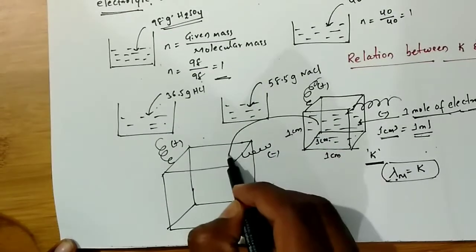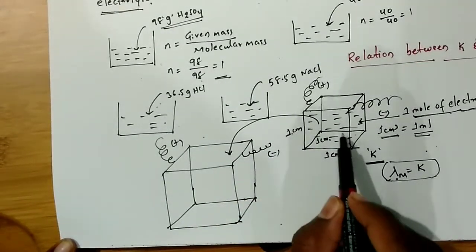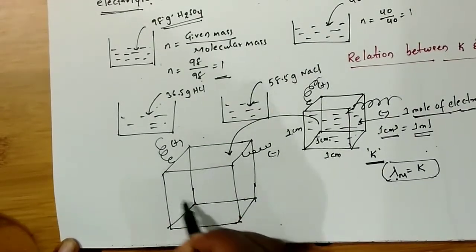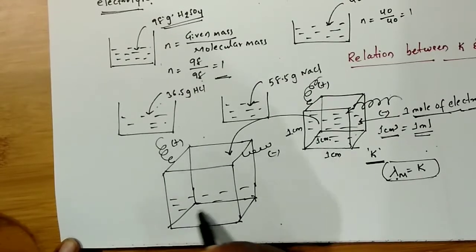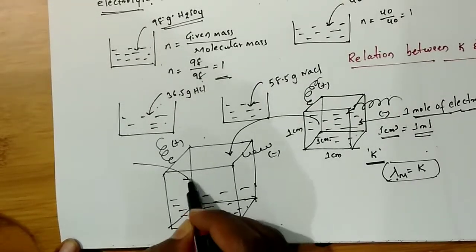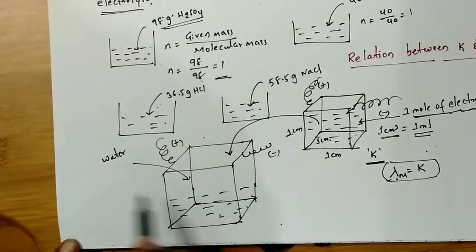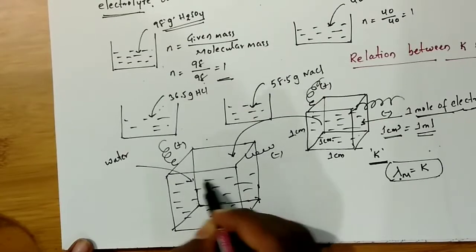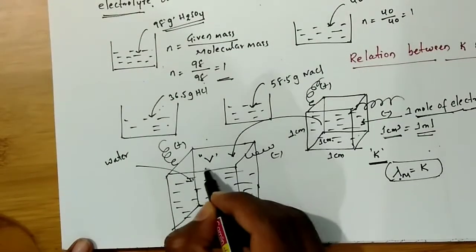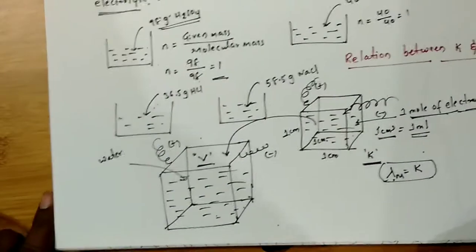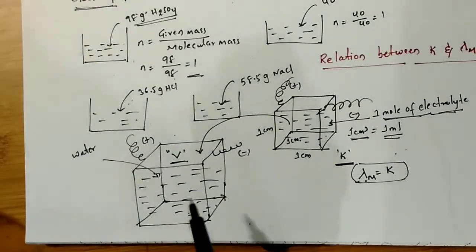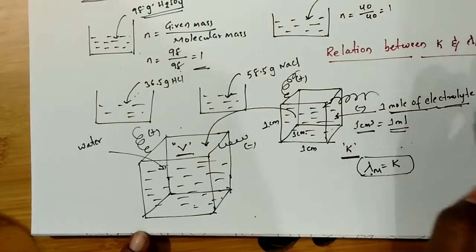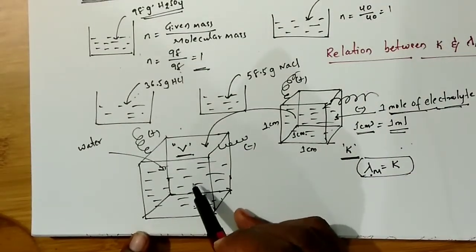So I transferred the total, same electrolytic solution into this electrolytic cell, and I have added some water to it. After addition of water, let us consider the total volume becomes V. Now what is the molar conductance of the same electrolyte present here?